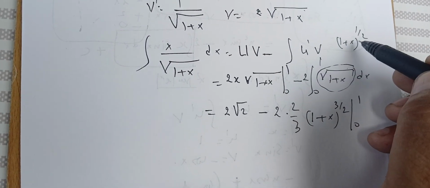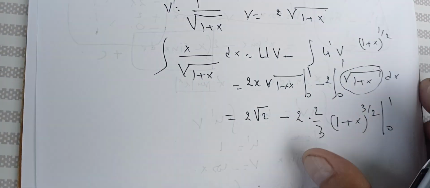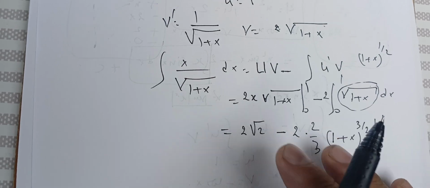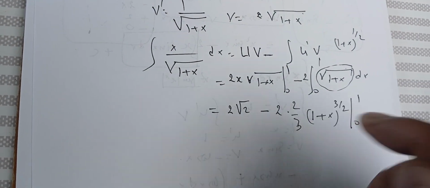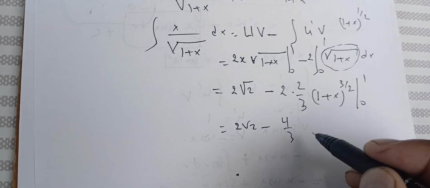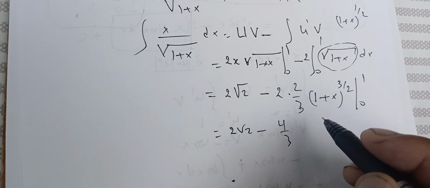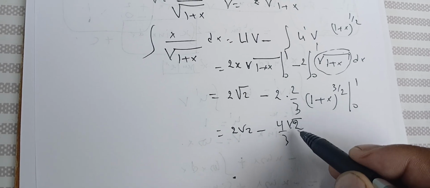And once you integrate, you add 1 to the power and you invert it. Here you have 1/2 plus 1, which is 3 over 2, and you invert it. And that's what we did here. And therefore we have 2 square root of 2 minus 4 over 3, and I think square root of 2, if we evaluate.